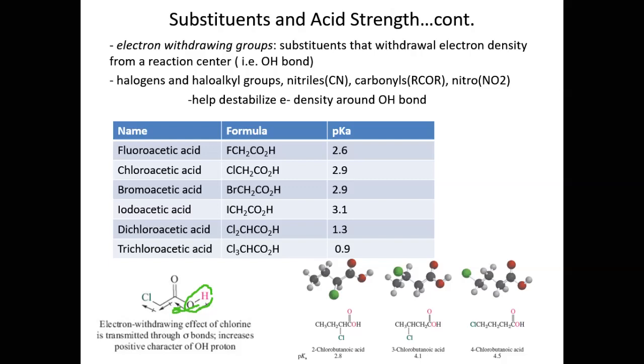Some strong electron withdrawing groups are things like halogens, so group 17 elements. You add those, and it increases the acidity. Haloalkyl groups: so what's a haloalkyl group? For example, a carbon with hydrogens, that's a methyl group.